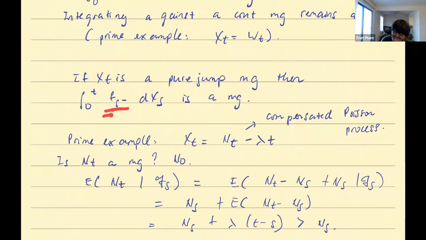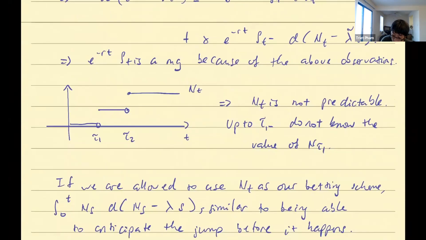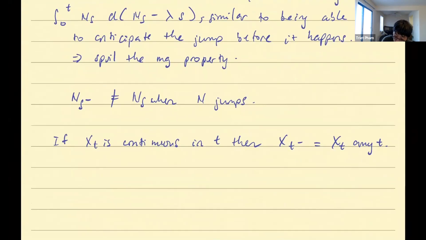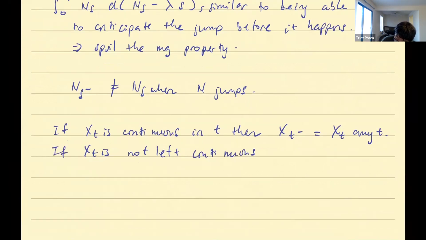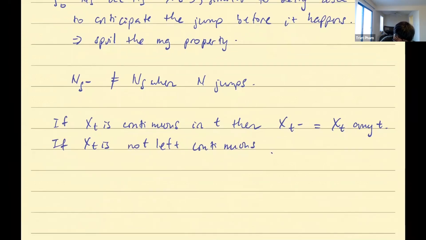This notation is exactly useful when you try to cheat by using something like this in your betting scheme. If X_t is not left continuous, then the values differ.